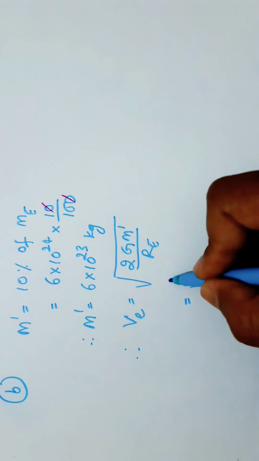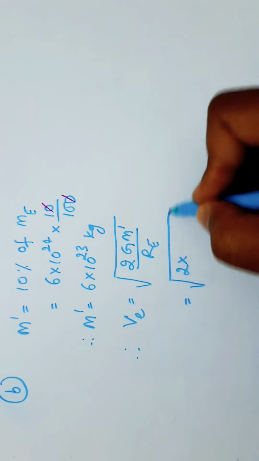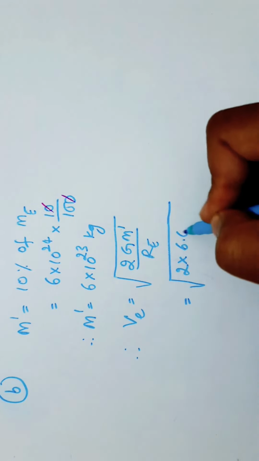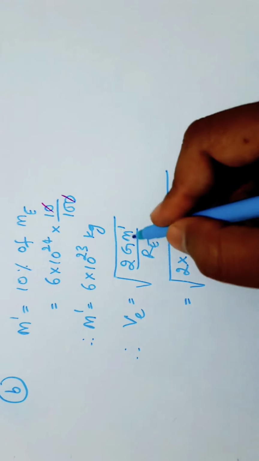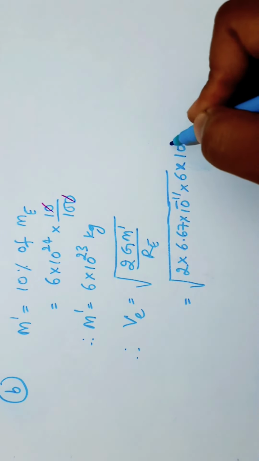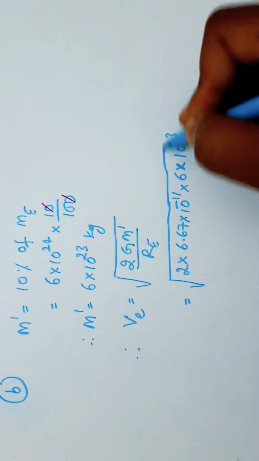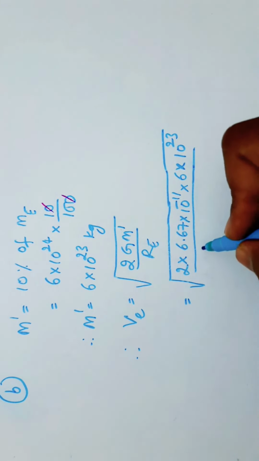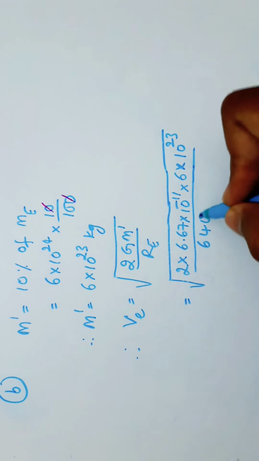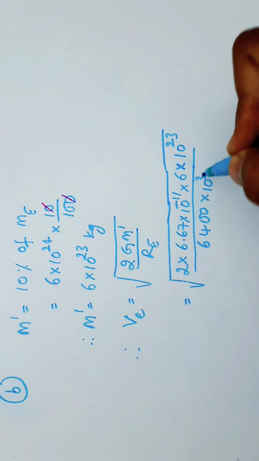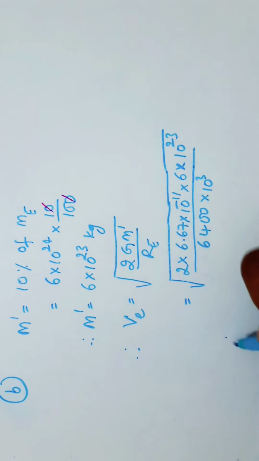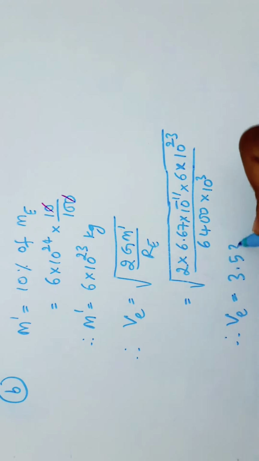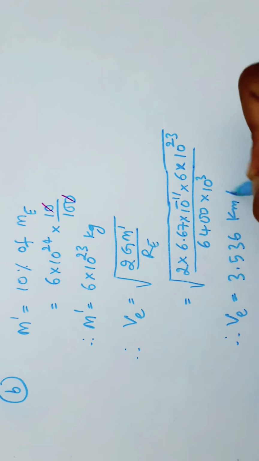So that is square root of 2, here G is 6.67 into 10 to the power of minus 11, here m dash is 6 into 10 to the power of 23 by, here Re is 6400 into 10 to the power of 3 meter. So if we simplify this, we can get V is equal to 3.536 kilometer per second.